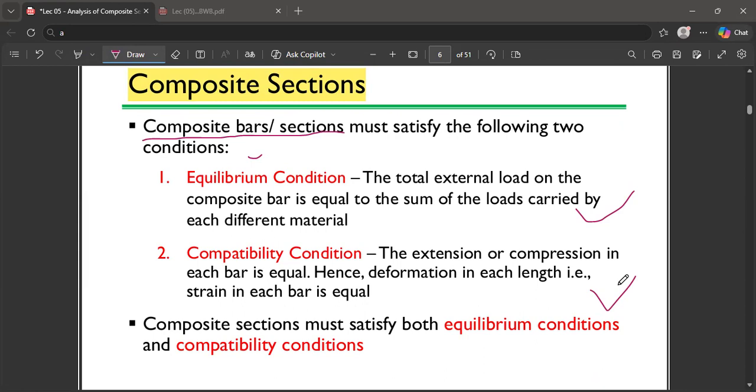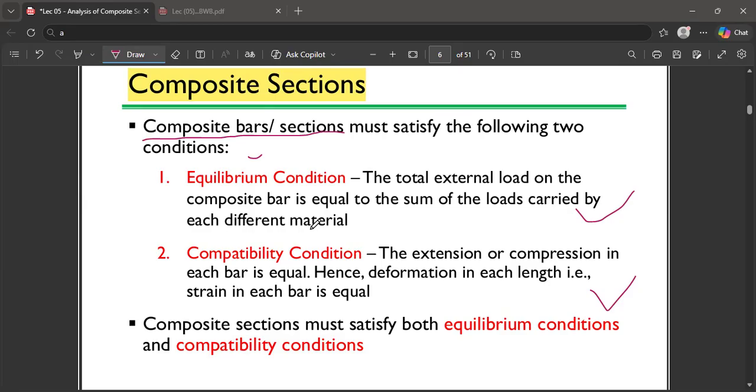One may ask, what is the equilibrium condition about? The equilibrium condition is that the total external load on the composite bar is equal to the sum of the loads carried by each different material.